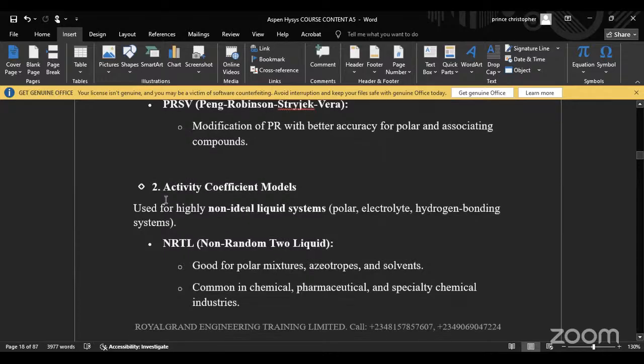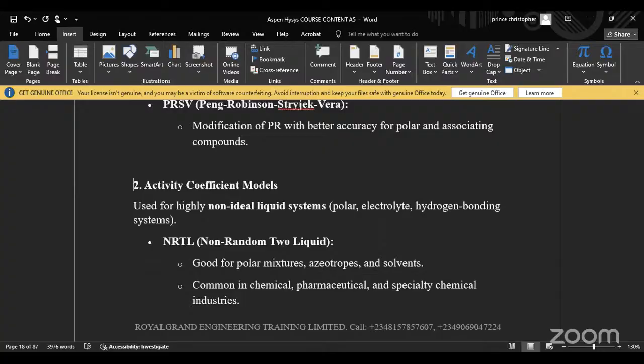Then next, we have the activity coefficient models, which are used for highly non-ideal liquid systems, such as polar ones.